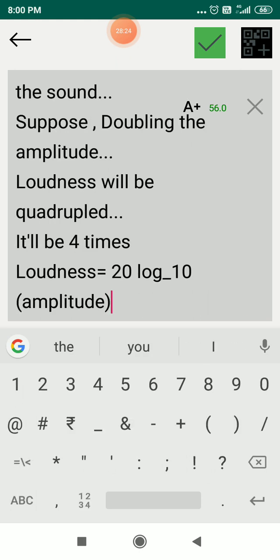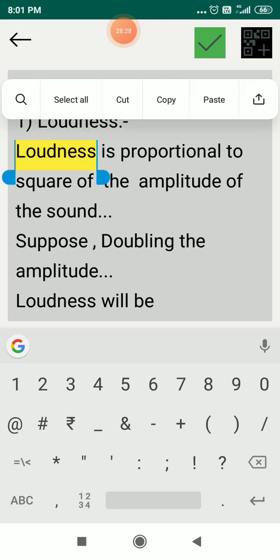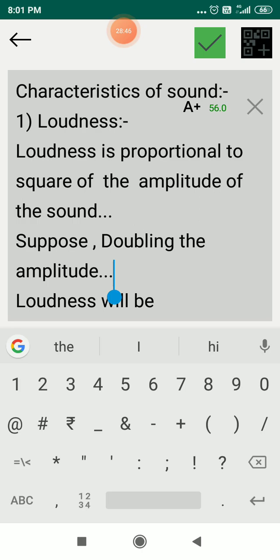So in short, you will remember this: loudness is proportional to the square of the amplitude of the sound. The more you increase the amplitude, the louder the sound you can hear. So that's it about loudness.